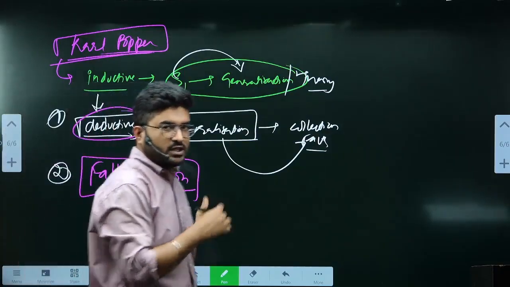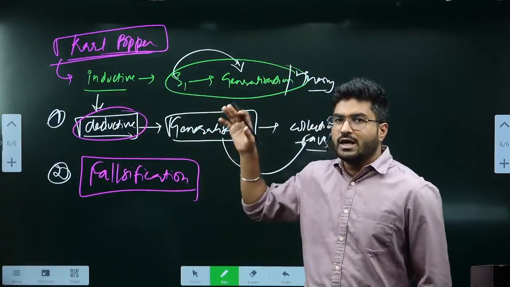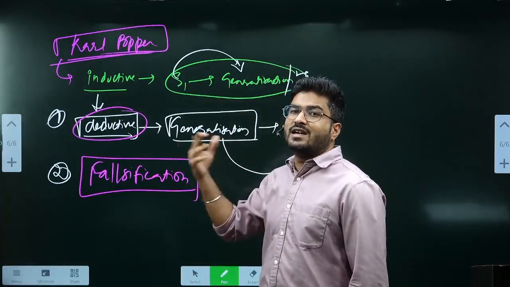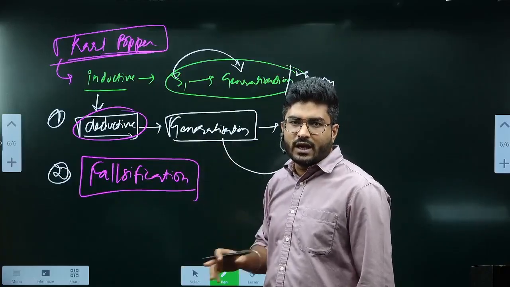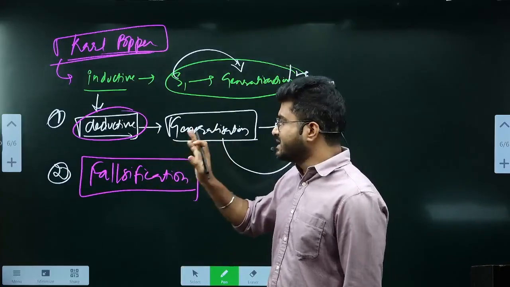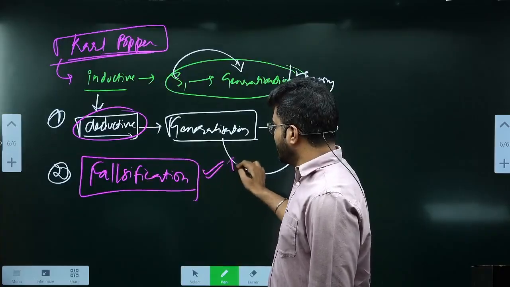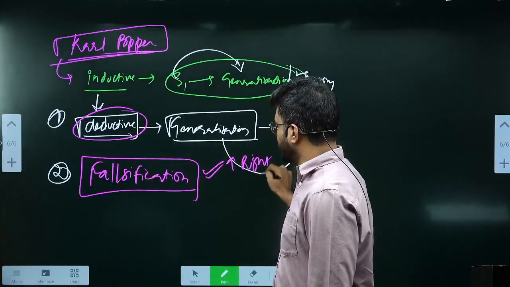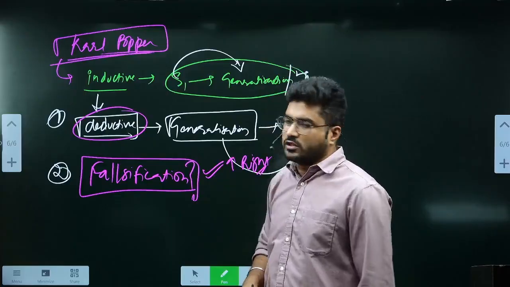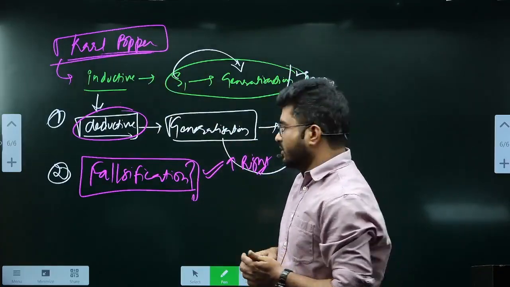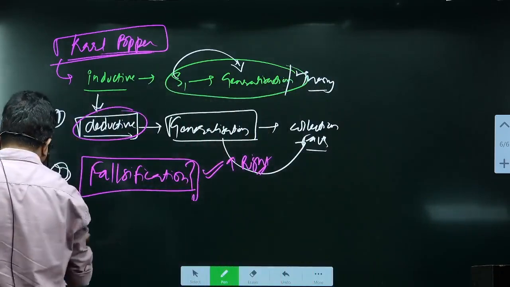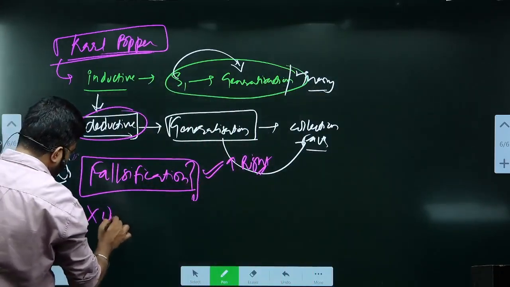What is this falsification? That we should test our theory for the negative connotation. उसको गलत प्रूफ करने की तरफ जाओ. अगर नहीं गलत प्रूफ हो रहा है, that means it is in the right direction. So we should test it for falsification. Okay. Third thing, he is against universalization.